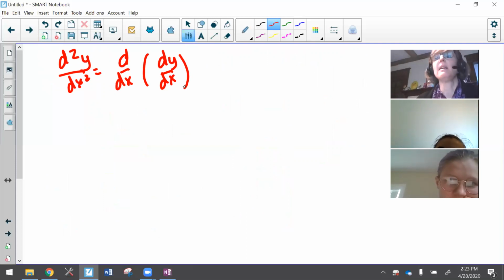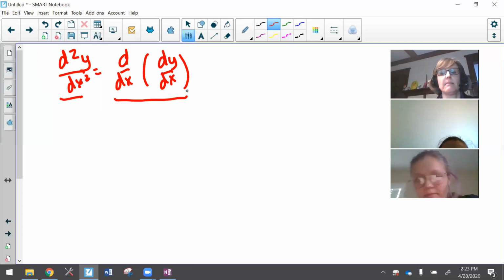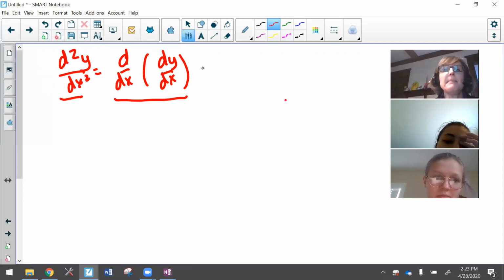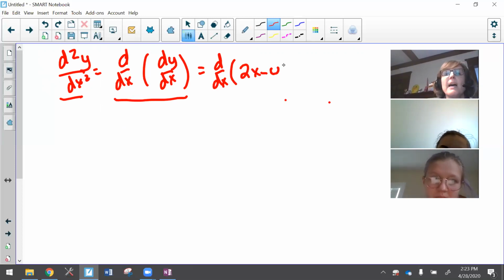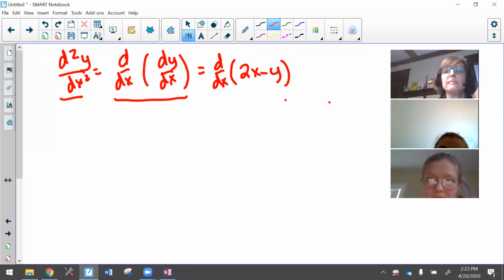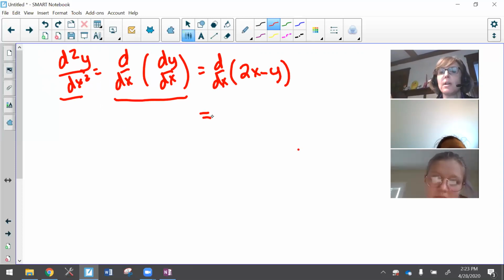Which is something that we ran into a little trouble with the BC stuff when we were doing parametric equations, although you don't need to know that, but you still need to understand that this is really that. So I can take d by dx of what dy dx is, and that's 2x minus y.